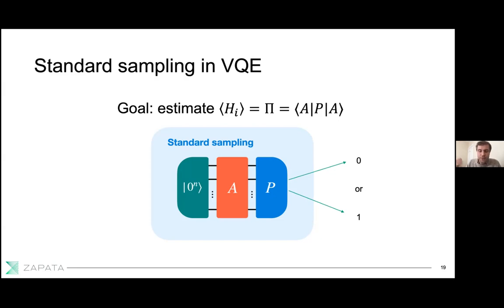Just like how if you flipped a coin 100 times and got 75 heads, you might estimate that the likelihood of heads is 75%. So this is a fundamental subroutine of the VQE algorithm. And as I'll explain, it is responsible for the slowness of the algorithm itself.